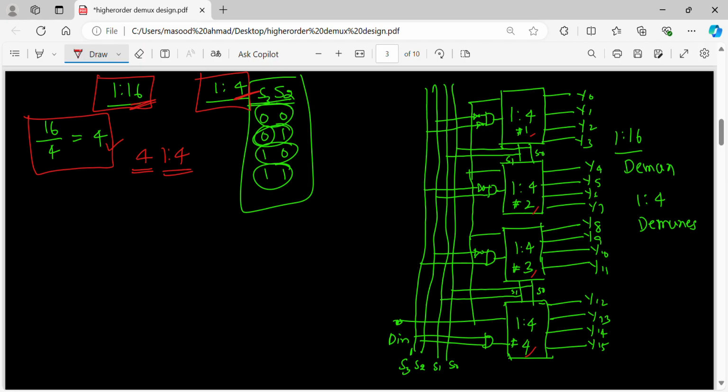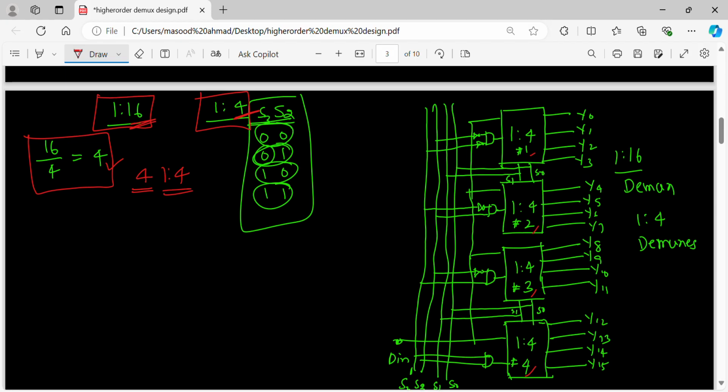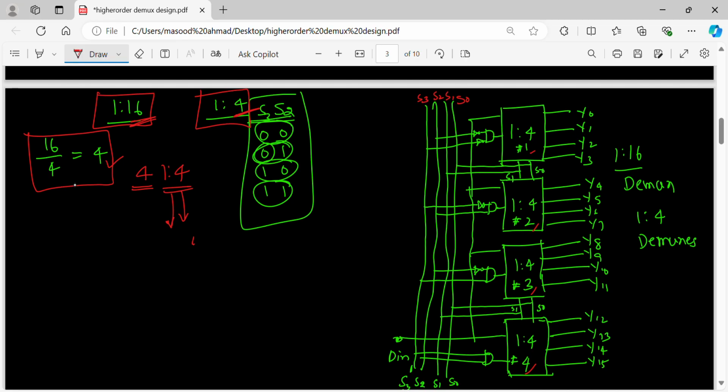I am having 4 selection lines, S0, S1, S2, S3. 2 selection lines are required for a 1:4 demultiplexer, which I am going to use as S0 and S1.